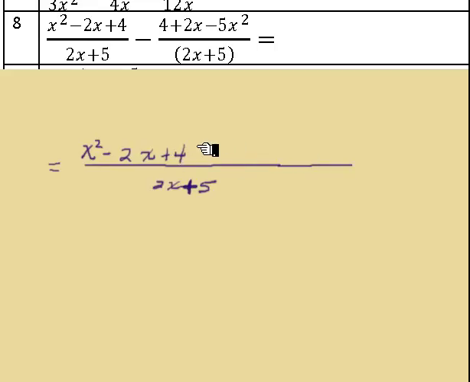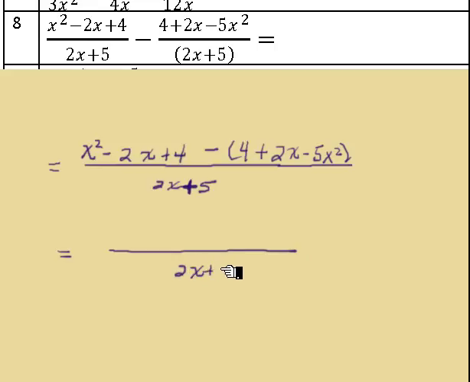We're actually subtracting. I'm going to put in an extra step here. We're subtracting the entire numerator, 4 plus 2x minus 5x squared. So we have to be careful when we open parentheses. So let's open parentheses right now.